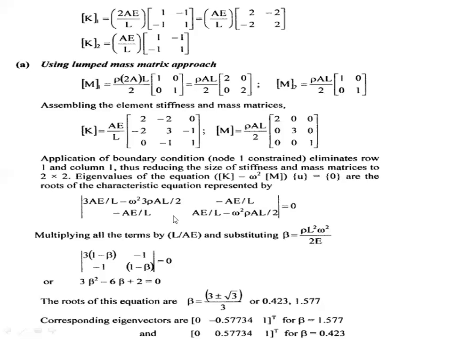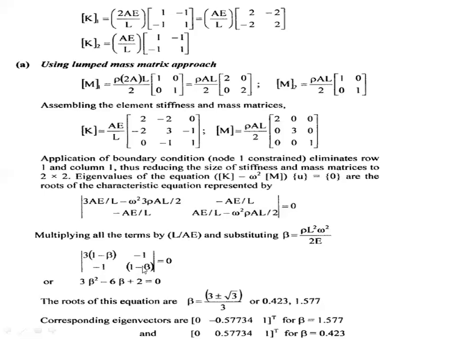Multiply all the terms with L by AE and substitute beta equal to rho L square omega square by 2E. If you substitute that, this can be written as the matrix 3 into (1 minus beta), minus 1; minus 1, (1 minus beta), and the det is equal to 0.